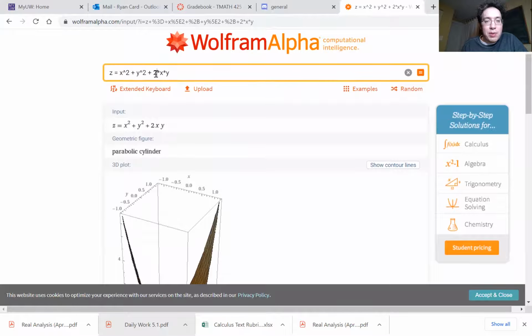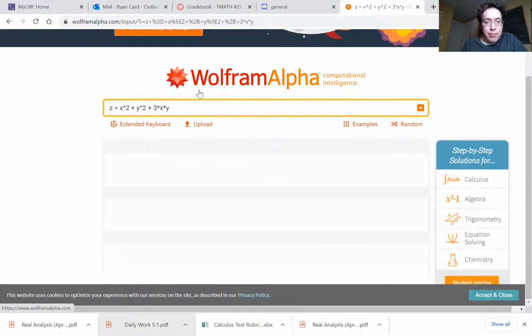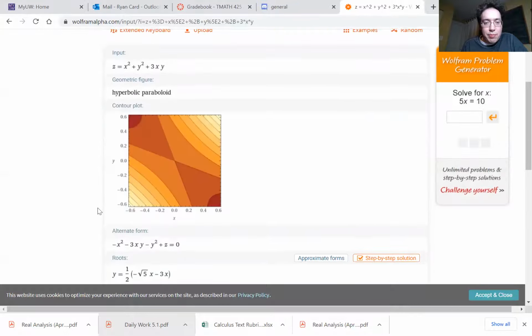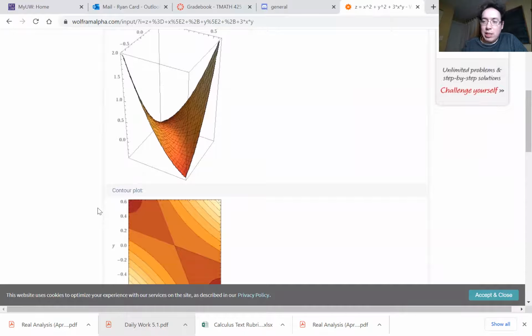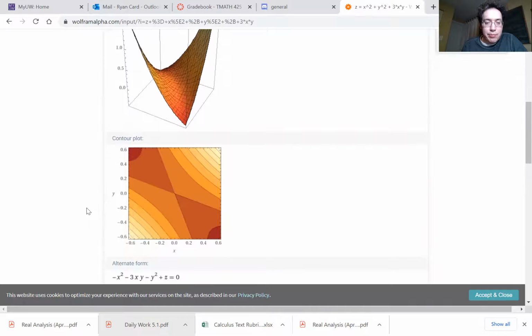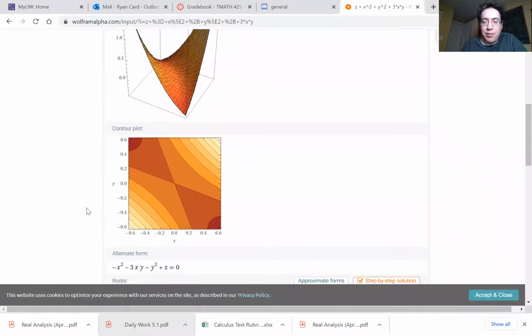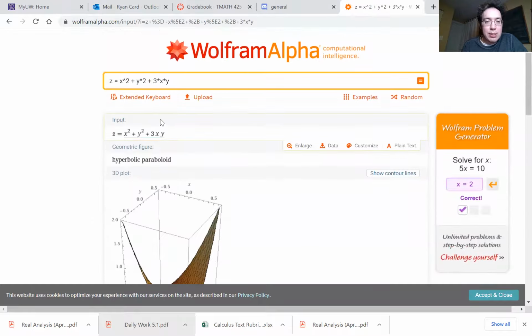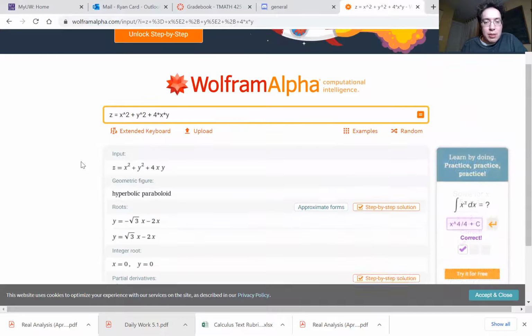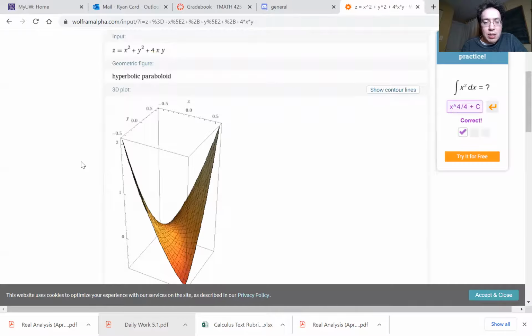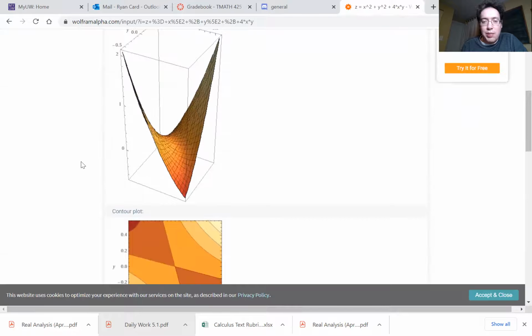If we twist it even further, you can see that it's starting to bend backwards in a diagonal direction. And here it's definitely a saddle point. Okay. And now it's definitely a saddle.